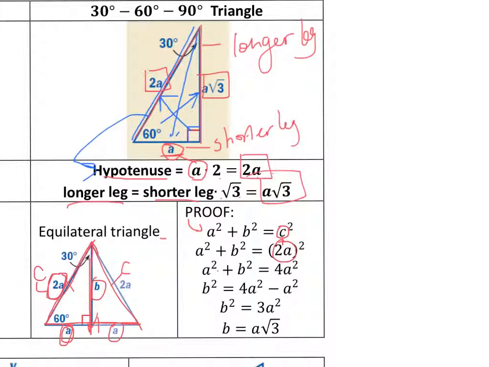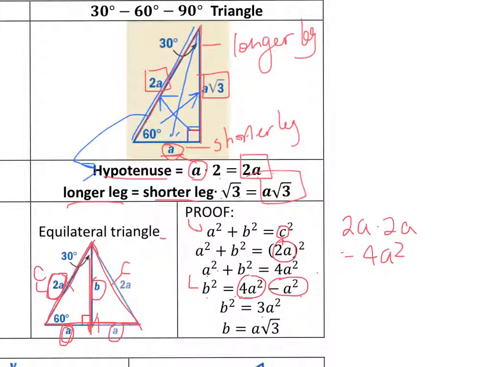So a squared plus b squared equals 2a times 2a, which gives me 4a squared. So I can move a squared to the right hand side. So I have b squared equals 4a squared minus a squared. And now I can subtract. 4 minus 1 is 3.